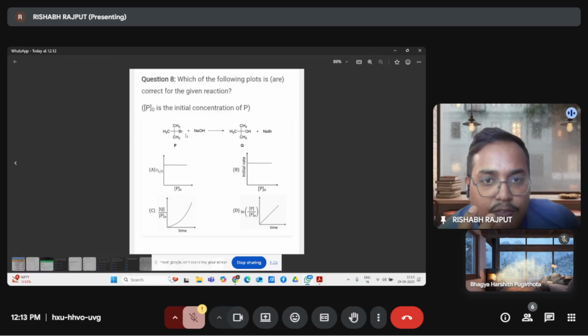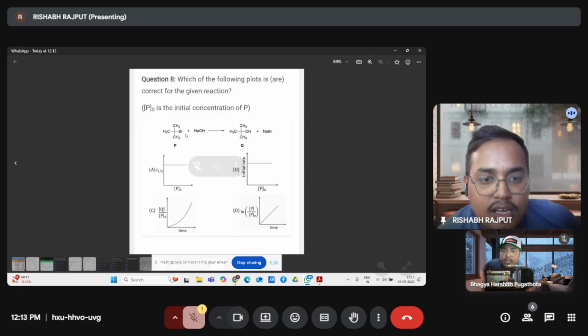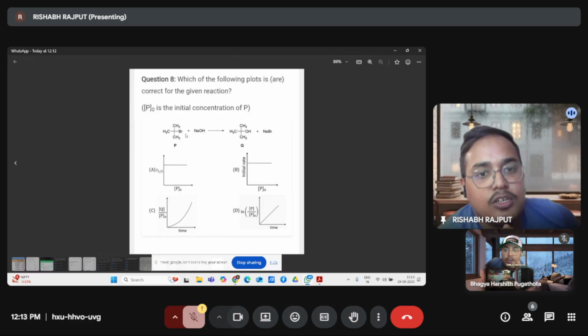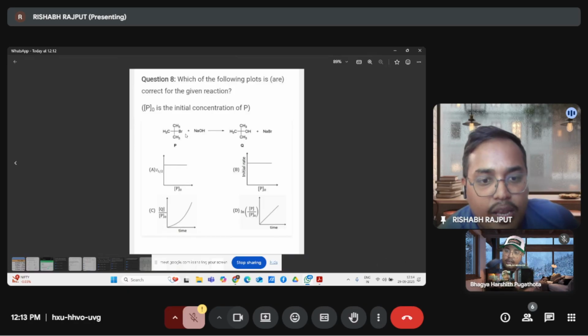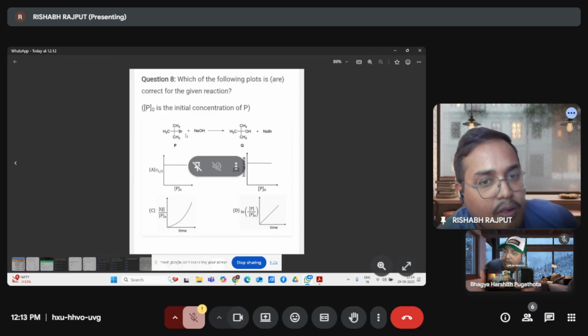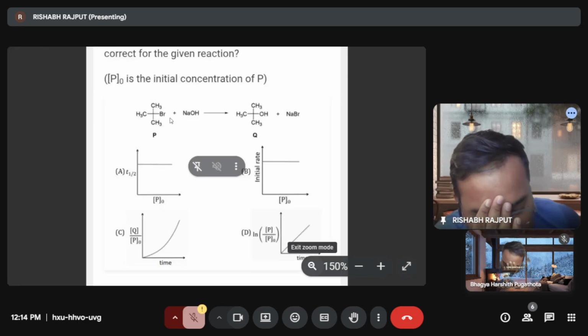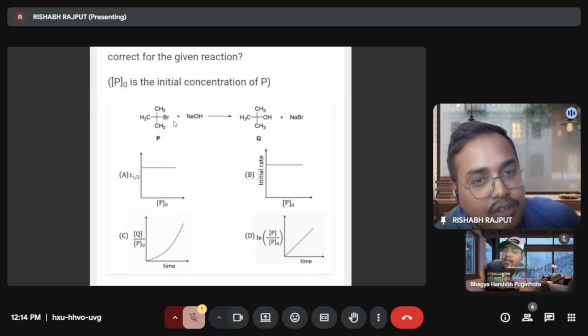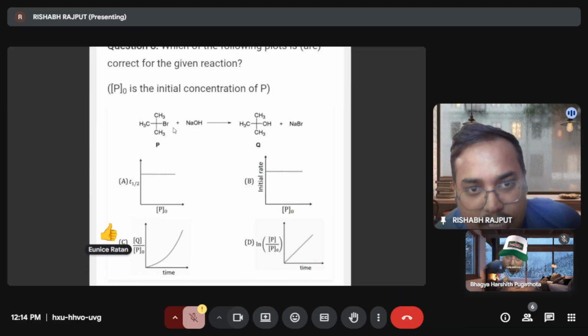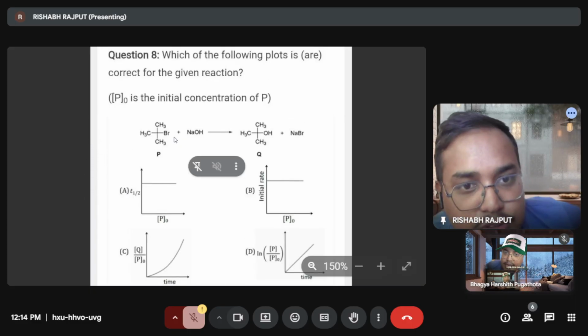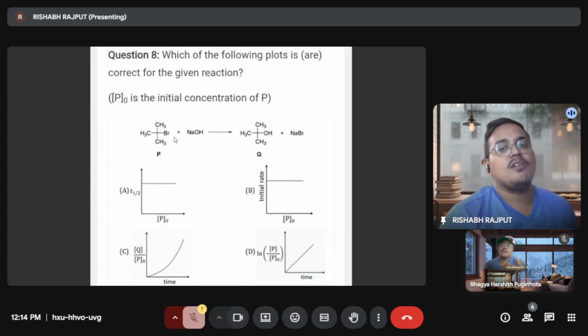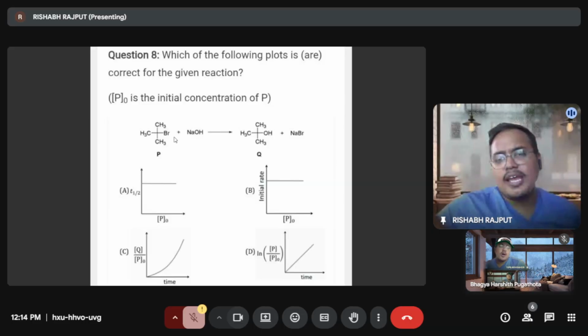From that mechanism you understand that the reaction is a first order reaction, not a second order reaction. That is why your answer is A here. So for this I have to teach you the mechanism. At that time you can solve this question. It is based on organic and also chemical kinetics.